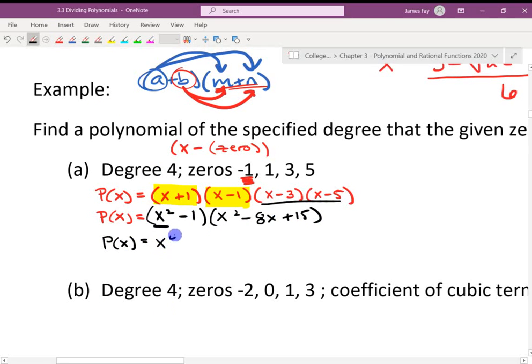So it's going to give you x to the 4th minus 8x to the 3rd plus 15x squared, right? Minus x squared, multiply my -1 times everything over here, so minus x squared plus 9x minus 15. And then I'm going to combine like terms.